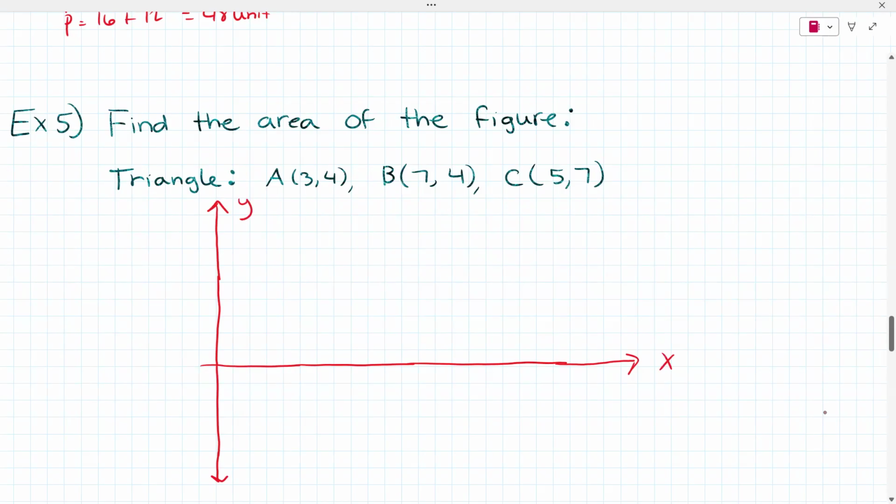Okay, so 3 comma 4, 7 comma 4. Let's plot these points.